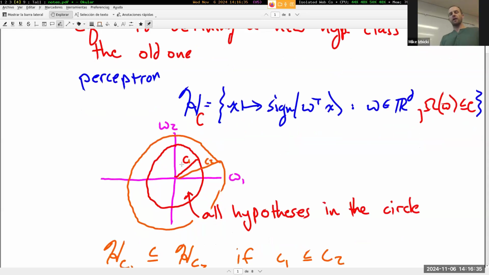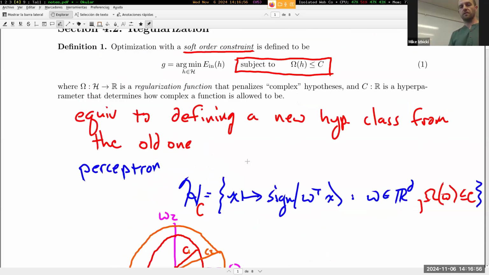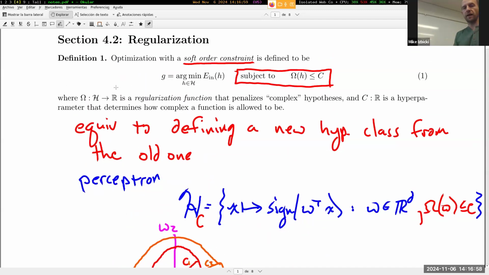In particular, everything that we've said, if we shift these circles to be located somewhere else inside of the space, so for example, to be very large W's, but still constrained in a circle somewhere out in the space, everything about regularization still holds true. So there is this intuition that omega is somehow representing the complexity of the hypothesis.